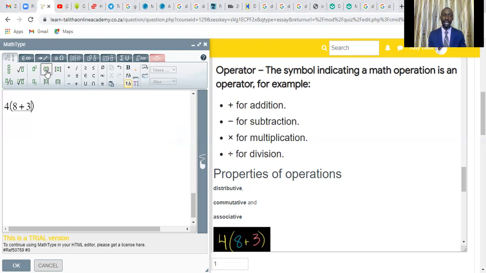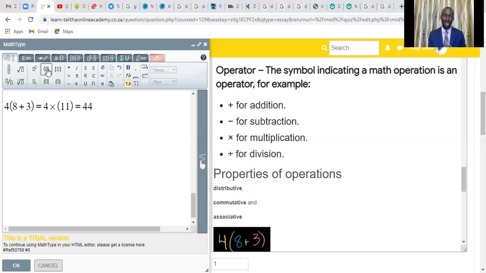If we are required to find this value, then we have a number of options. We could write this as 4 times what is inside the bracket, and we can go ahead to add it. When we add what is inside the bracket, we get 11. And then this can be simplified into 44. Well, that's a good one.